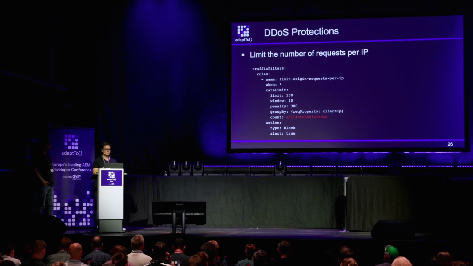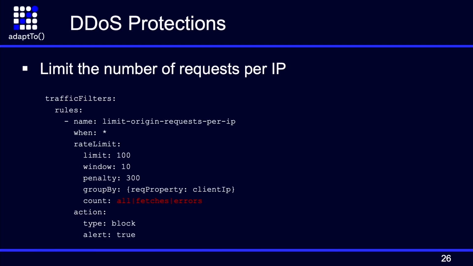Count fetches will protect your origin and mitigate any outage. And count errors will block, for instance, vulnerability scanners that are trying to access known URLs, or even block IPs that are making too many requests and triggering server-side errors. It could be an indication of a pre-outage, so it will make sense to block them.